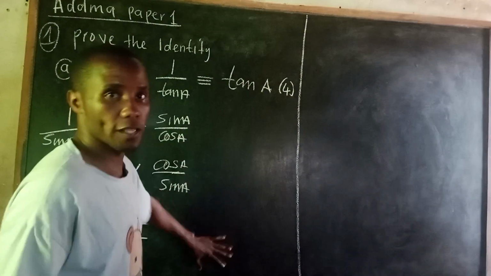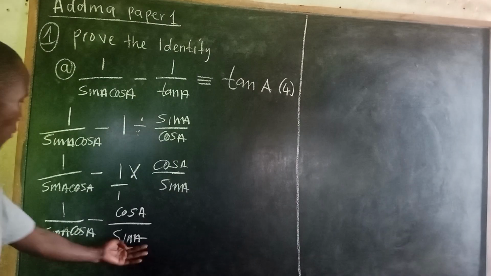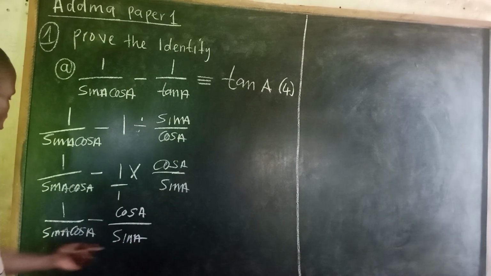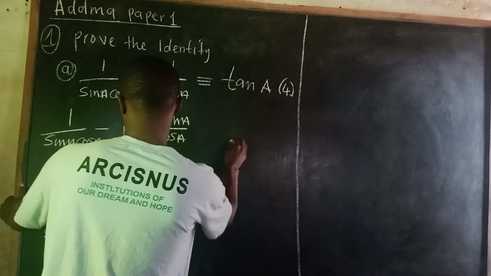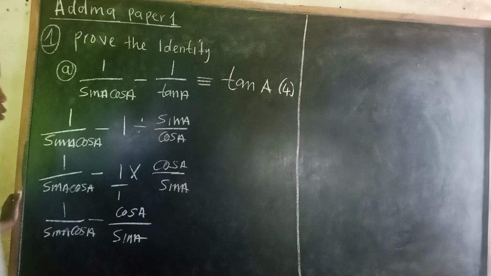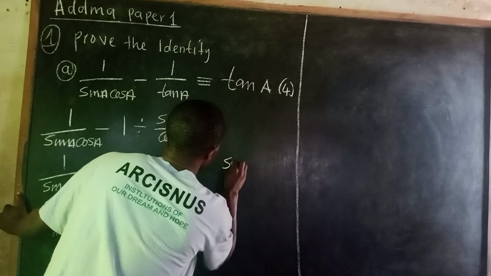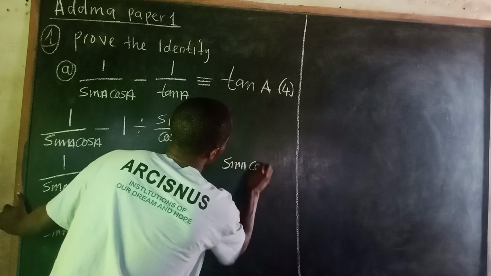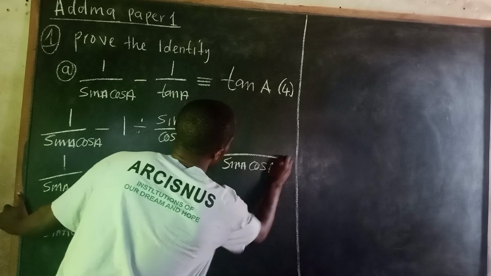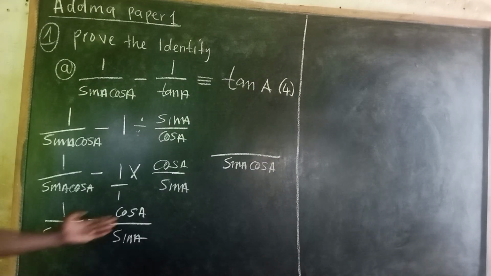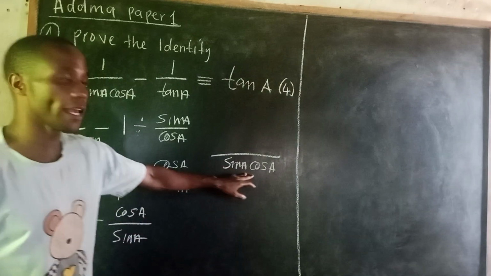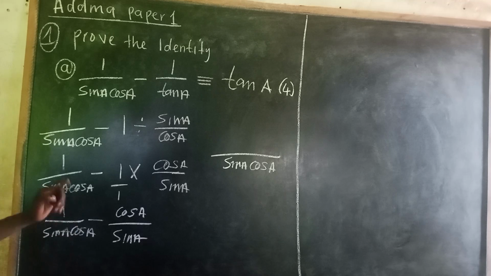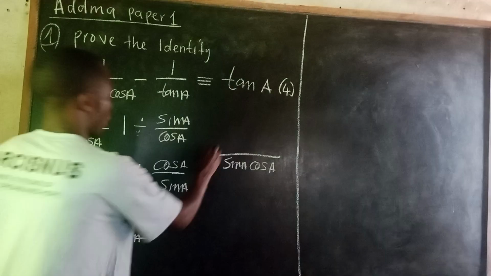From there we can look for the common denominator, which in this case is sine A cos A. So sine A cos A into sine A cos A gives 1, then 1 times the numerator, which is 1, is 1.